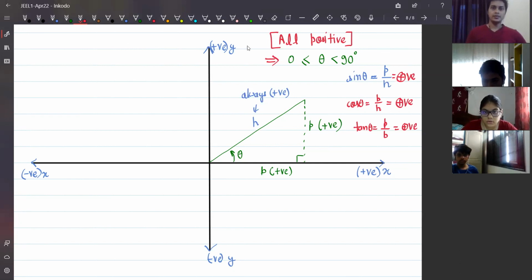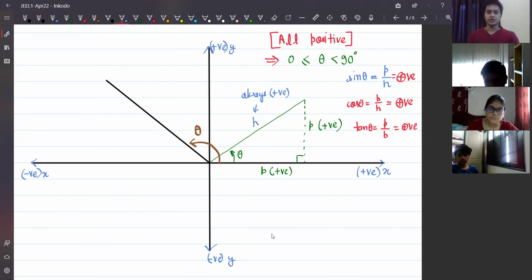Now, suppose I'm rotating this and I get this hypotenuse in the second quadrant. When I have this in the second quadrant, then angle theta is measured from the positive x-axis.